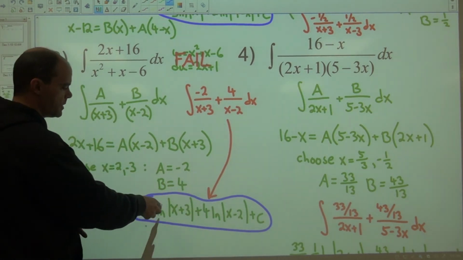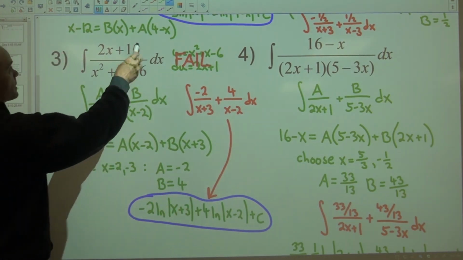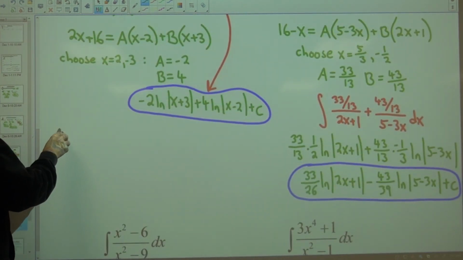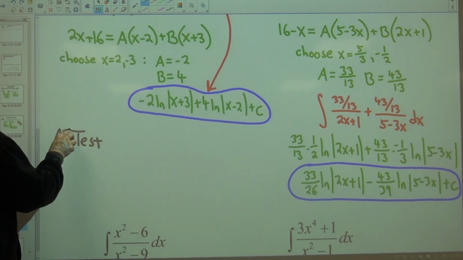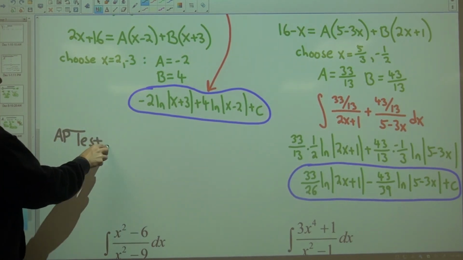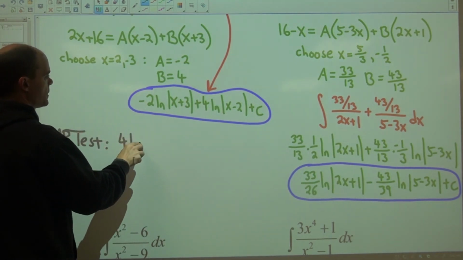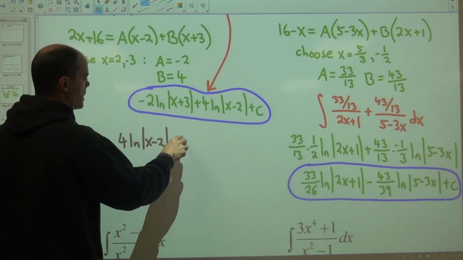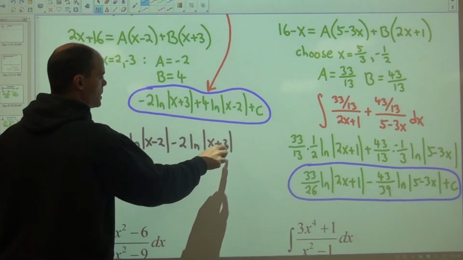But this could be rewritten. And this is how it's rewritten algebraically. So how could I rewrite this? Well, this could be reordered into 4 ln x minus 2 minus 2 ln x plus 3.